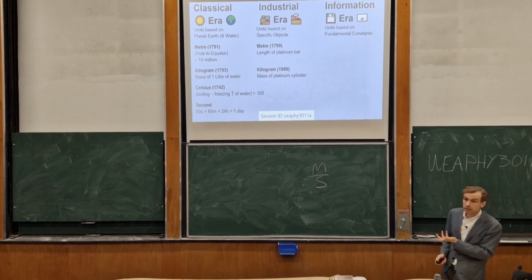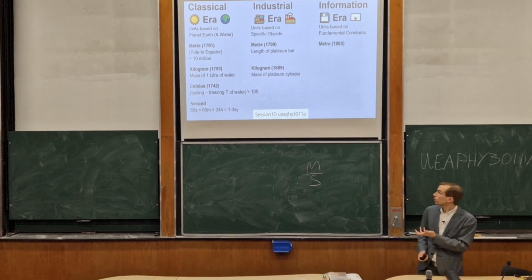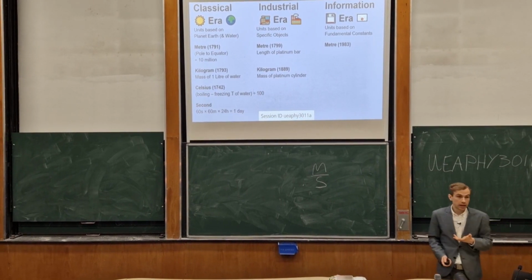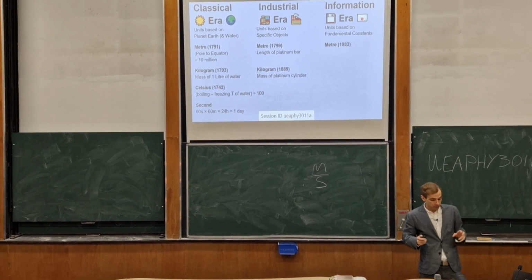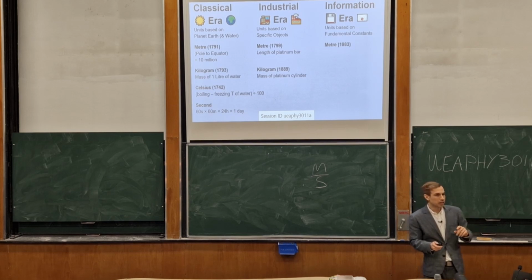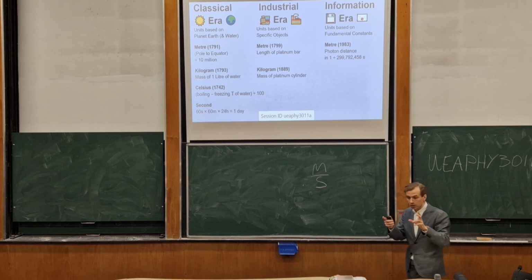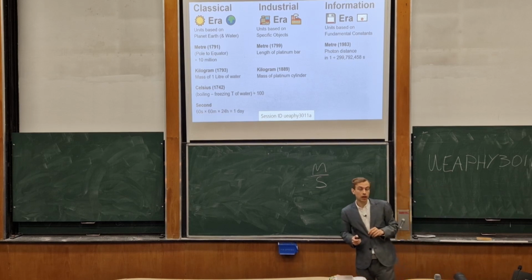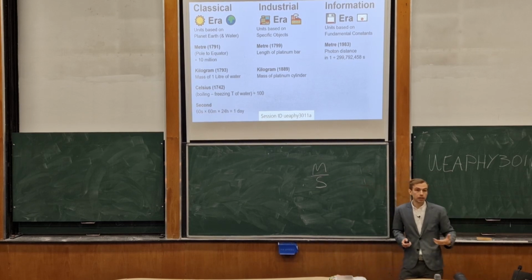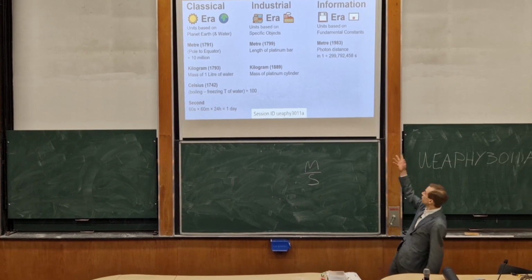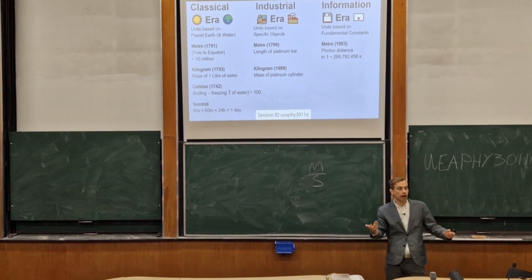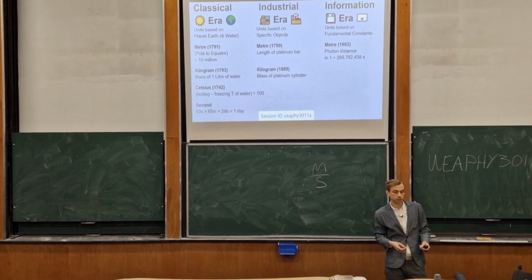So if we look at how the meter is defined now, it was changed in 1983 to be based on the speed of light. So we now define the speed of light as a fundamental fixed constant. And we say that the meter is how far light goes in 1 over the speed of light of a second.